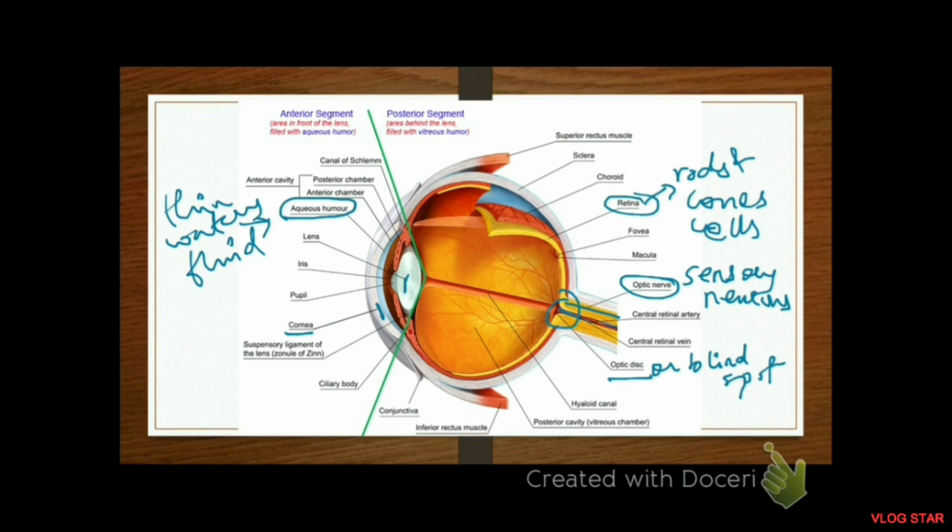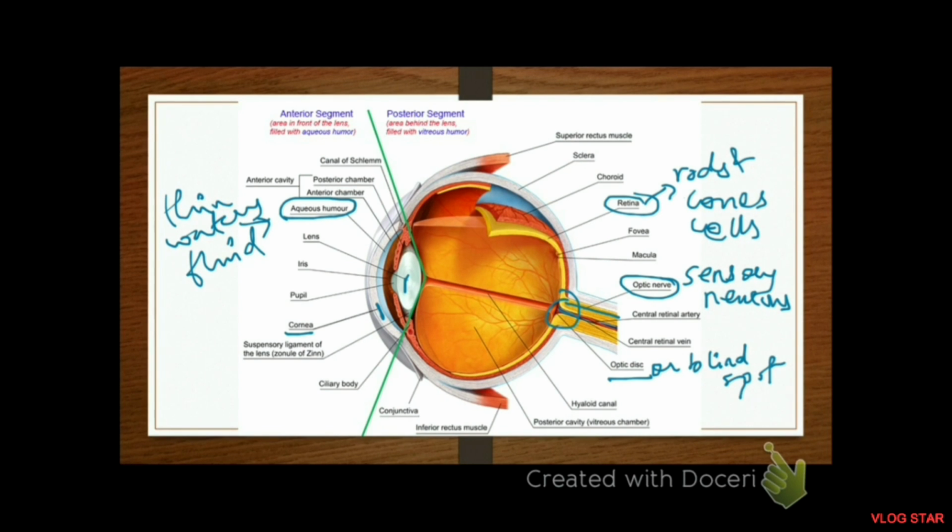Why blind spot? Now you can understand, because there are no rods and cones, and rods and cones are responsible for vision. Those are the main photoreceptor cells. So at this point you do not have any rods or cones, and that's why it's called the optic disc, the blind spot.